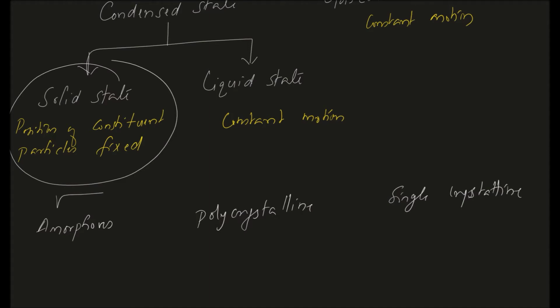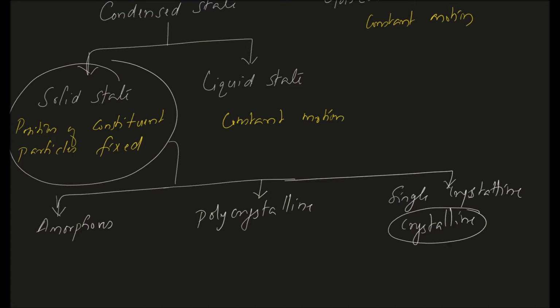So again, the solid state has three classifications. This is based on the arrangement of the constituent particles in the solid state. The single crystalline materials are sometimes simply called crystalline materials. Mostly when we say that a material is crystalline, that means it's a single crystalline material.